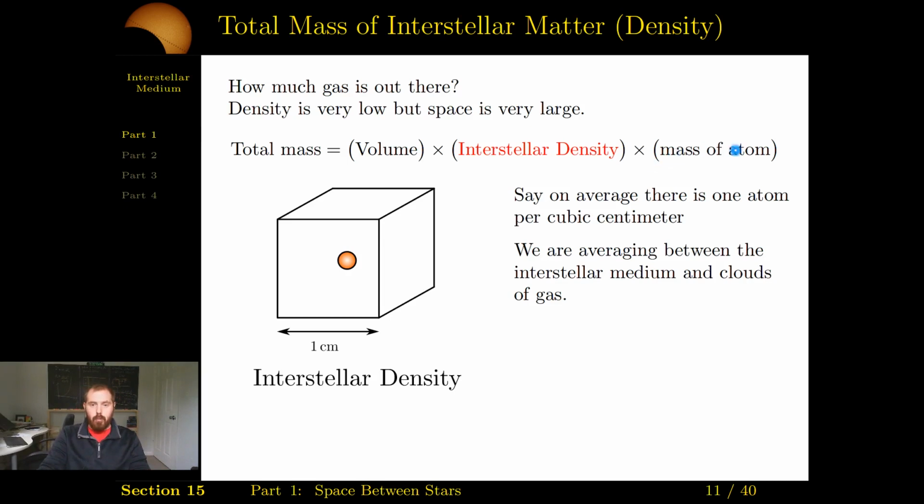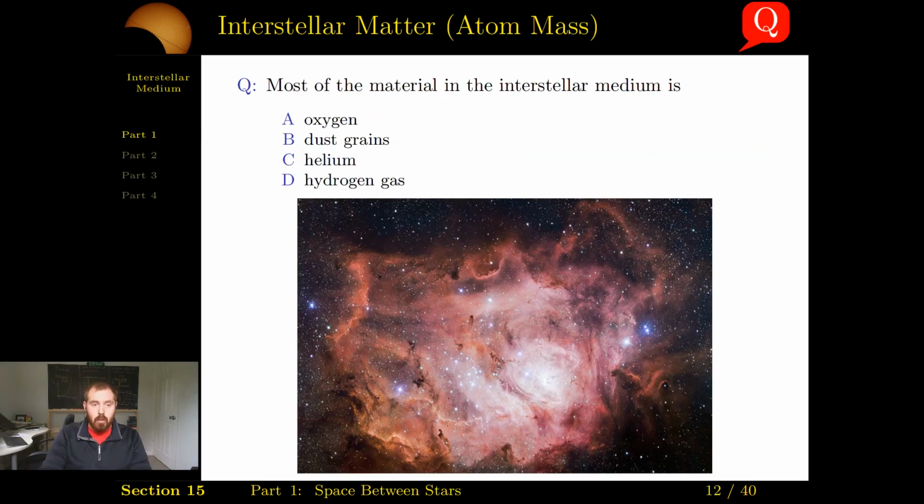Now, we gotta get the mass of an atom. So what we're gonna do there is say how much material is out there. What type of material is most of the universe? And you're gonna see pictures like these nebulas, and a lot of people might jump to conclude that there's a lot of dust grains in the universe. They're gonna say there's a lot of just dust, debris, but it turns out that most of this is going to be hydrogen gas.